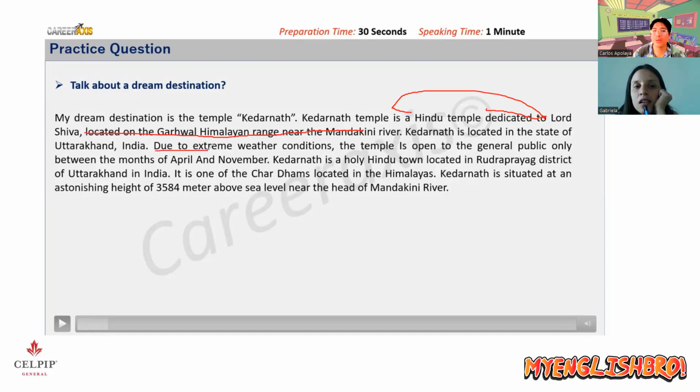Due to extreme weather conditions, the temple is open to the general public only between the months of April and November. Kedarnath is a holy Hindu town located in Rudraprayag district of Uttarakhand in India. It is one of the Char Dham located in the Himalayas. Kedarnath is situated at an astonishing height of 3,584 meters above sea level near the head of the Mandakini River.